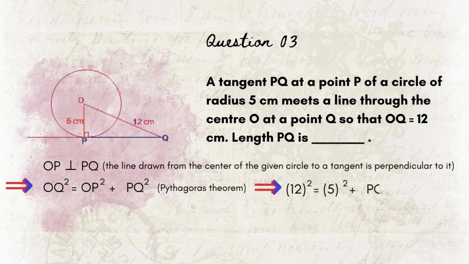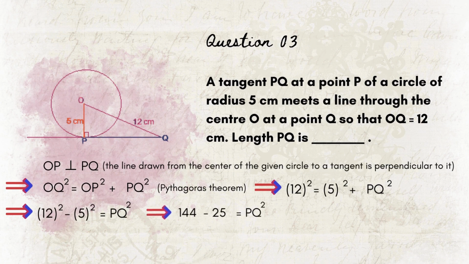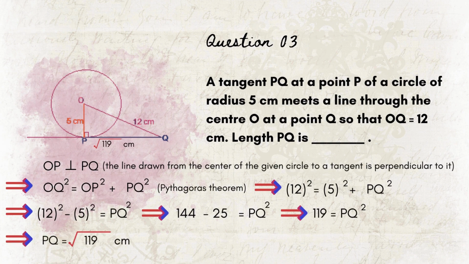That means 12 square is equal to 5 square plus PQ square, which gives us PQ square is equal to 119, and thus PQ is equal to square root of 119.